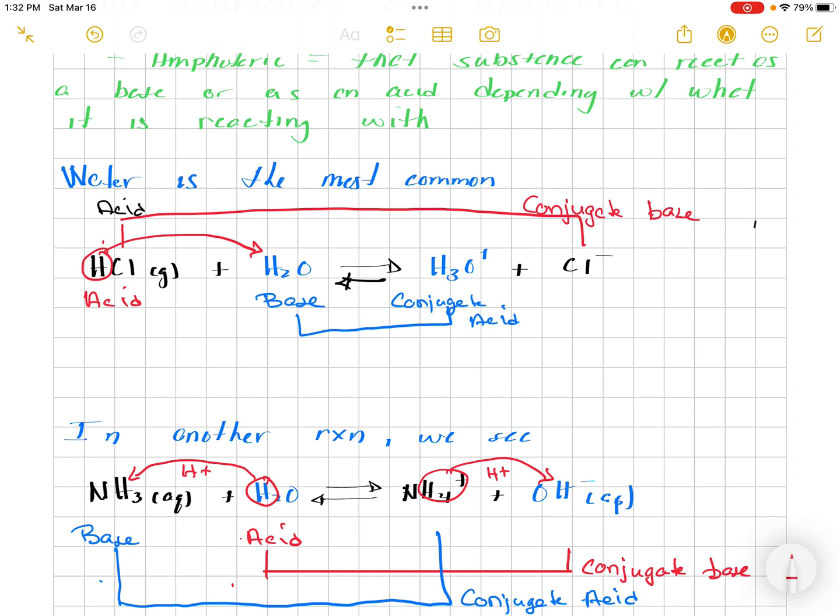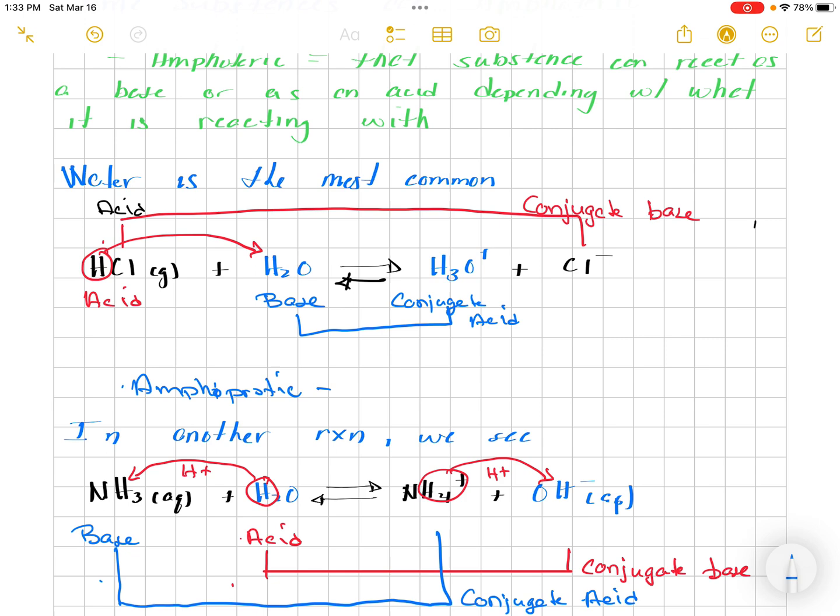So water is an example of an amphoteric substance because it's able to behave both as an acid and as a base depending on the compound that it's reacting with. Now, the ability for something to behave as either an acid or a base can also be called, let me write it in blue, its properties, I'm sorry, can be called amphiprotic.